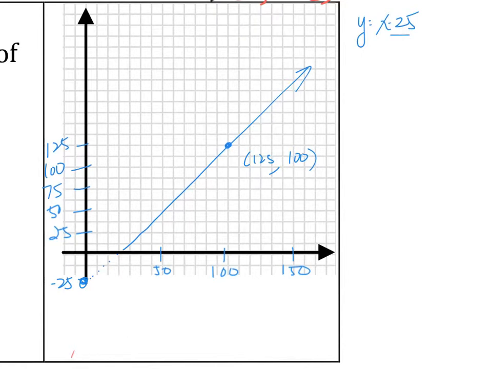Okay. And we just ignored this part of the graph. And for the other one, y equals 0.8x, that's probably around here.